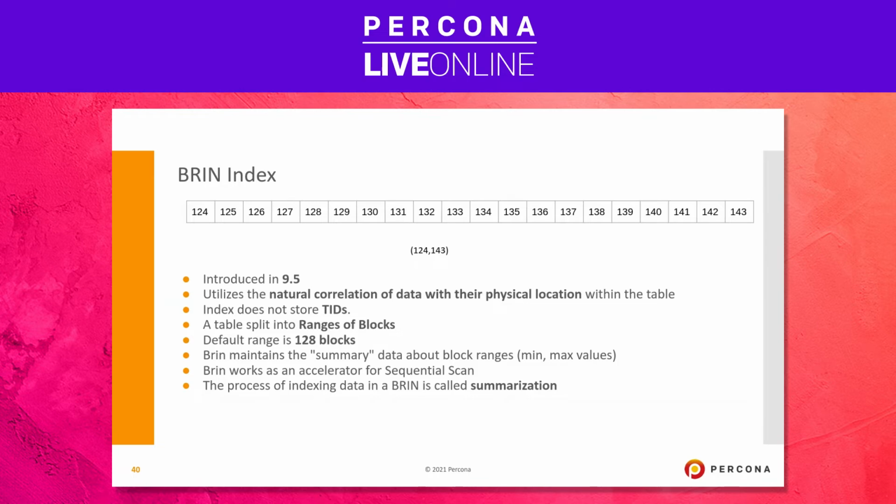The BRIN index is not going to store the TIDs in its storage. The underlying concept is to split the table into a range of blocks, and the default range is 128 blocks. BRIN maintains the summary data about the block ranges, basically the min and max values of that range.